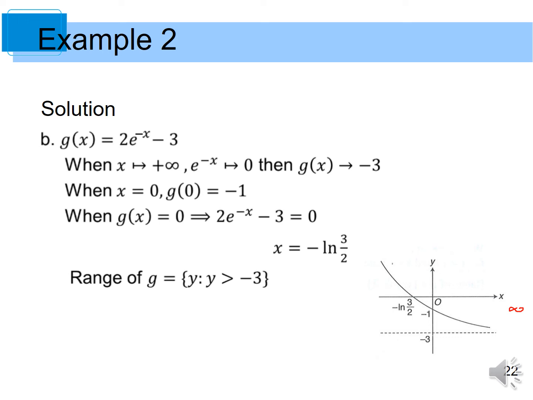So the value for this function will be closer to 0. So we have g(x) tend to -3.